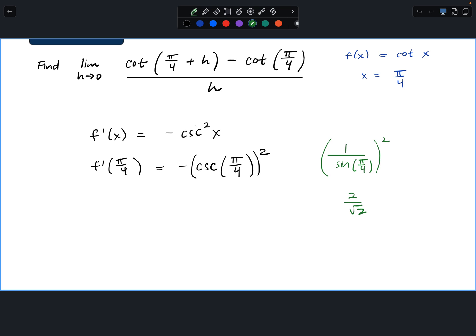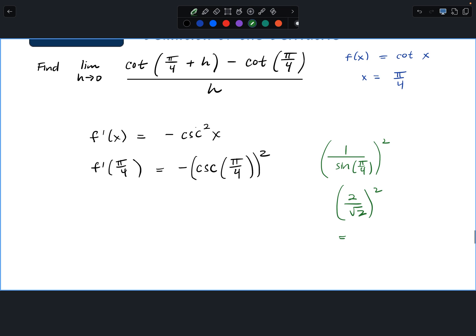Right? I'm going to square that. What's 2 squared? 4. What's root 2 squared? 2. So this is just 2. So all of this right here is just 2, but I need to make it negative. So this is going to be negative 2.